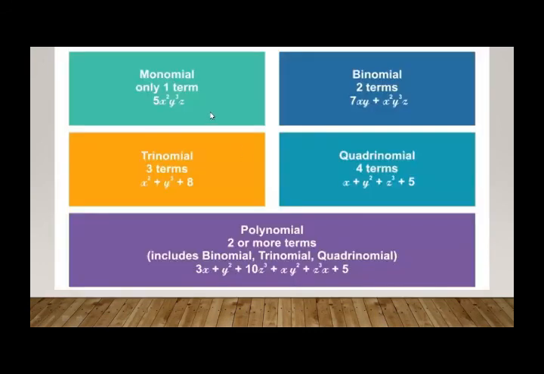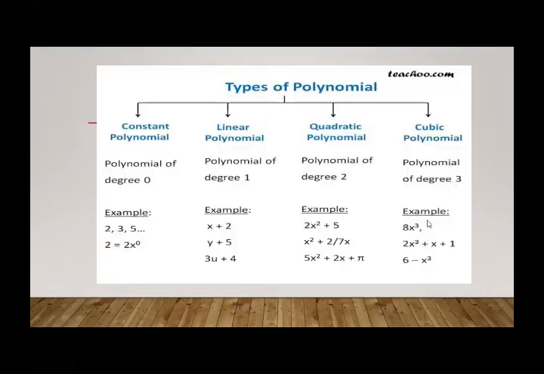Then we recall our memories for polynomial. The first one is monomial having one term, the binomial having two terms, the trinomial having three terms, the quadrinomial having four terms, and at the end our understanding is polynomial means two or more terms. So it means here we can include binomial, trinomial, and quadrinomial.